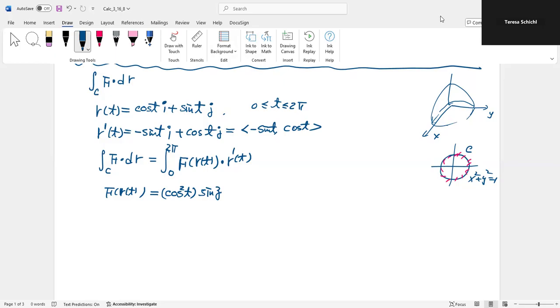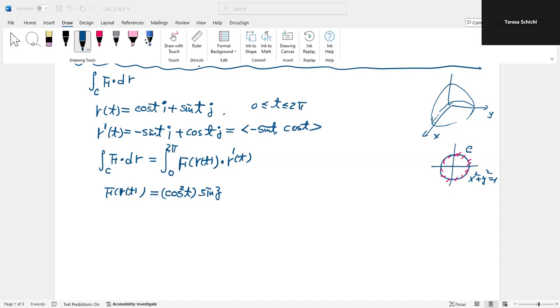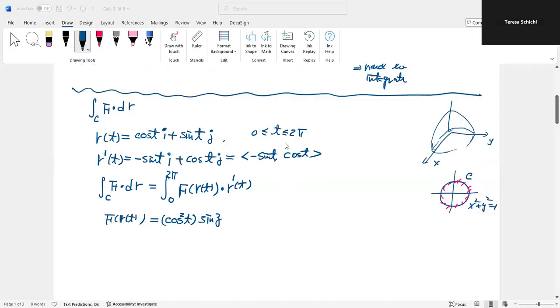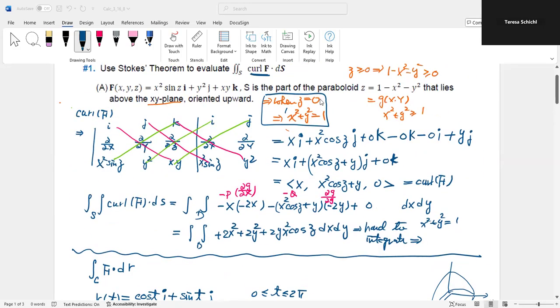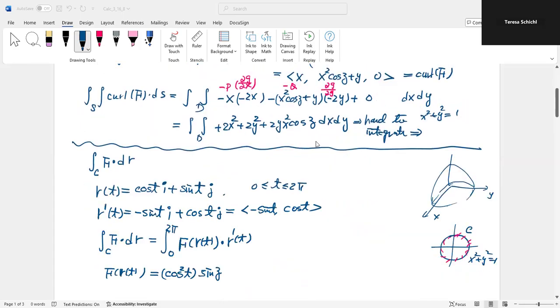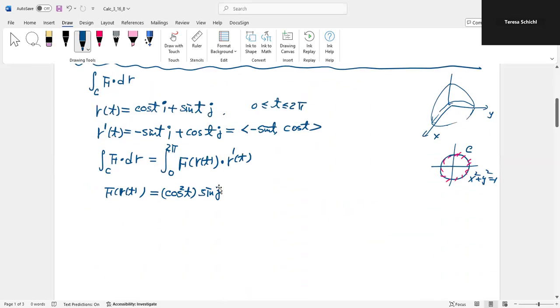Be careful with the sine z. Here z is equal to 0, which is why we have this closed curve. So sine z will be sine 0. Then the next component is y squared j.